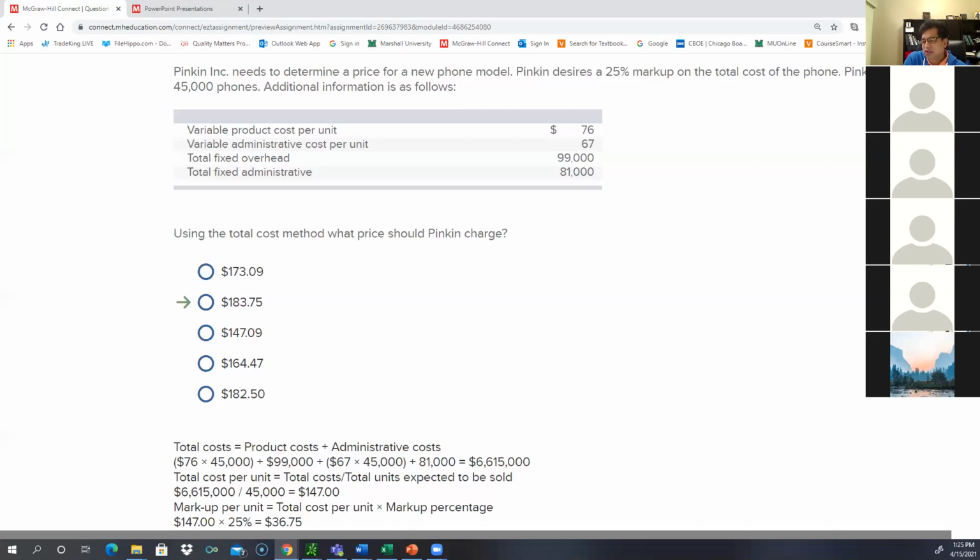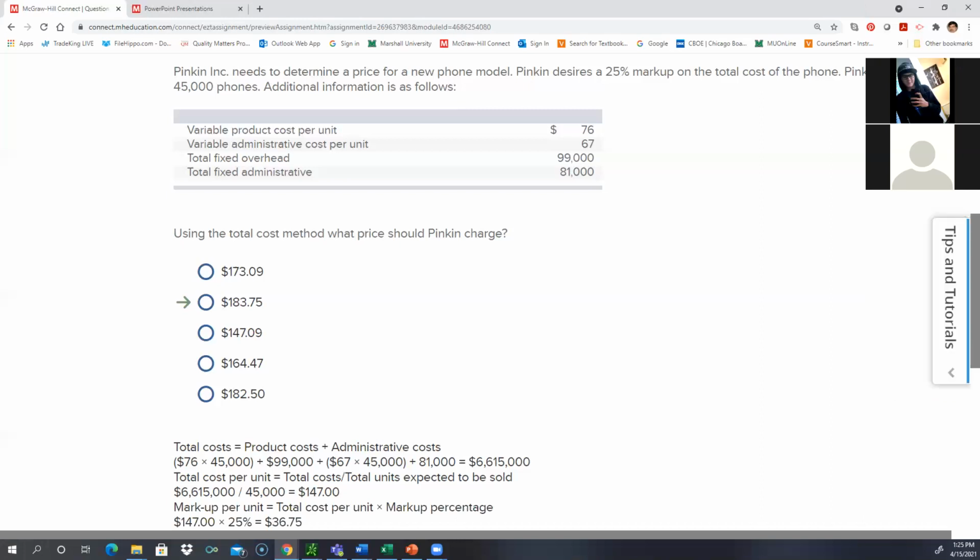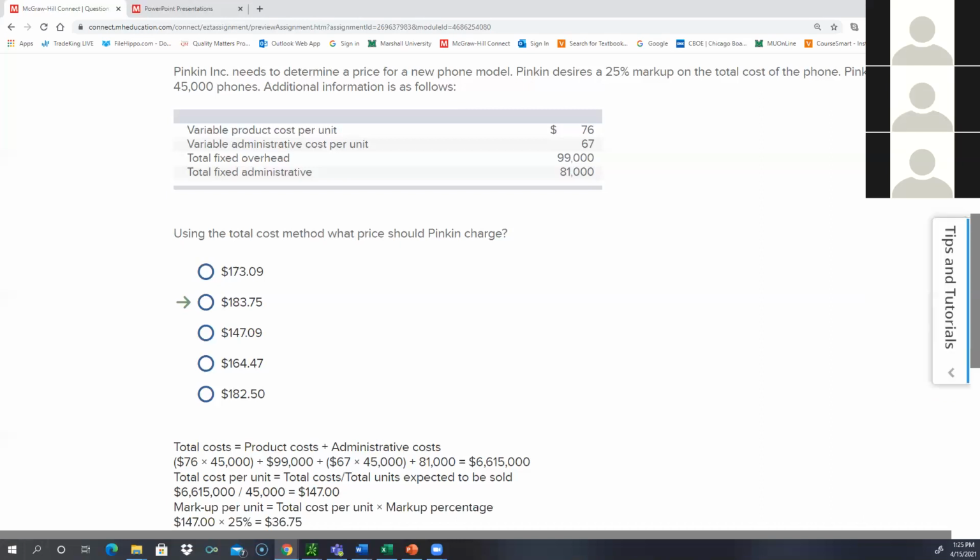Just added all the cost and added a markup of 25%. Is everyone good on this, please?